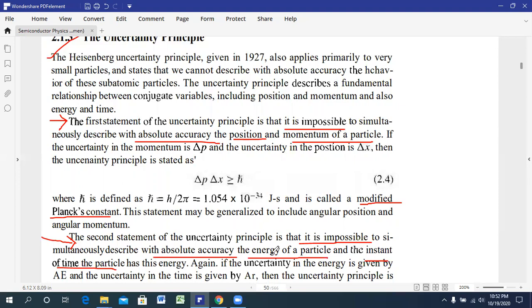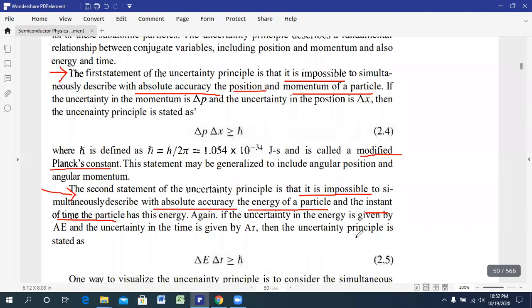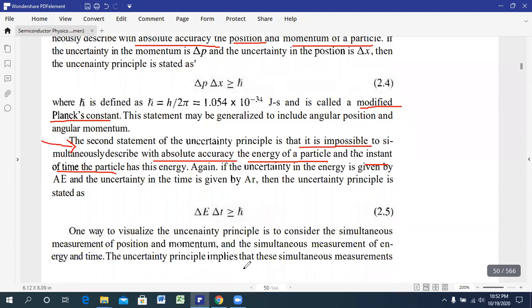Similarly, if the uncertainty of the energy is delta E and the uncertainty of the time is delta T, the formula is delta E multiplied by delta T should be greater than or equal to H naught.